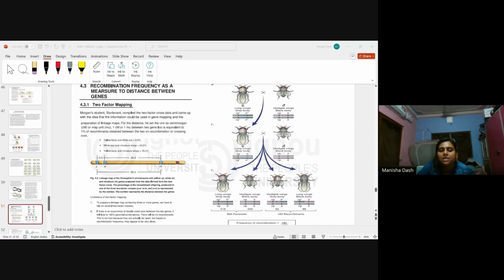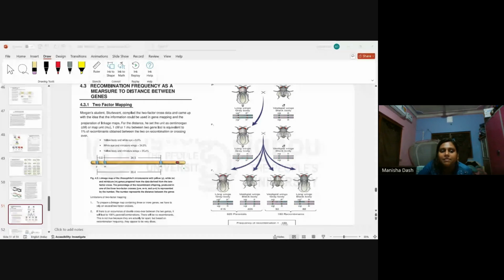Now simply the formula used is the number of recombinants divided by the total number of progeny, multiplied by 100. So if you observe here, the total number of recombinants is 92 plus 88, that is 180, divided by the total number of progeny, which is actually 1000.